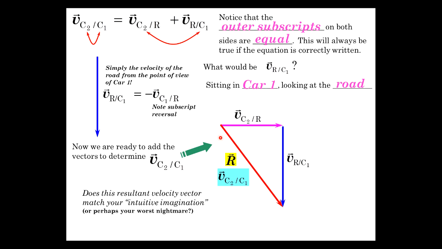Because of car 1's motion up, that alone would make car 2 move down, or appear to move down the opposite way if car 2 is just sitting there. So car 2 looks like it's going the other direction that we're going, which is down. But car 2 is also moving to the right, so we just leave that alone. We have a right motion and a down motion, and that results in this down and to the right diagonal. So maybe now it matches your intuition.